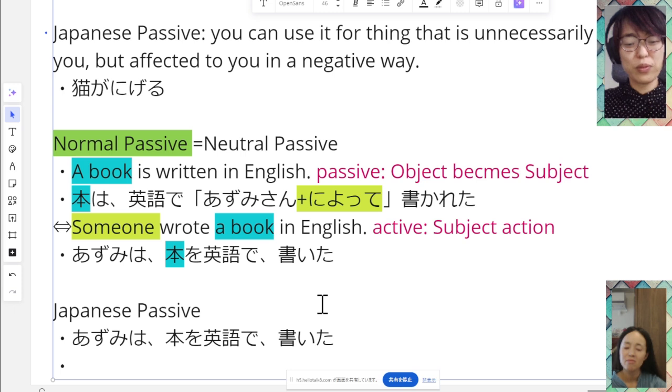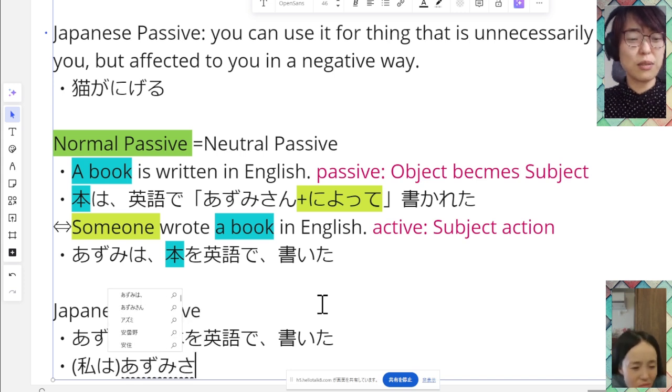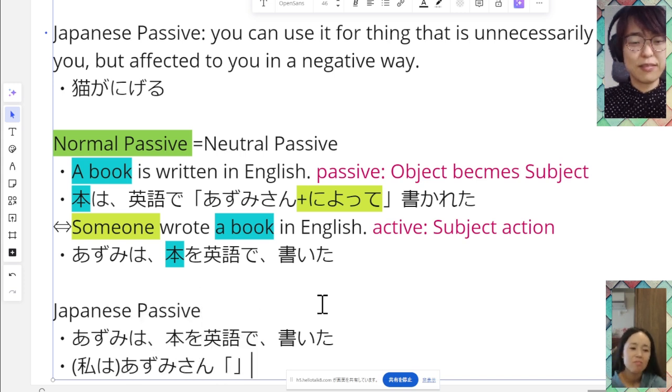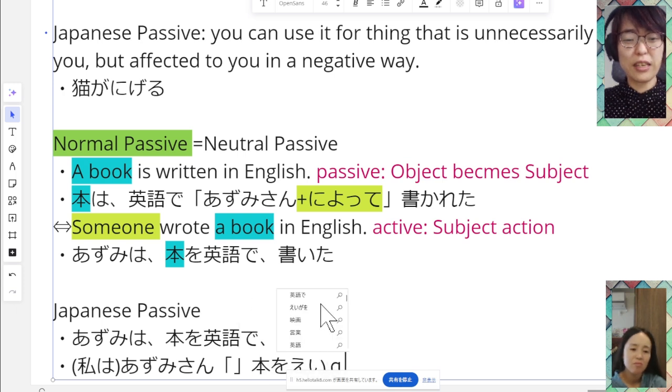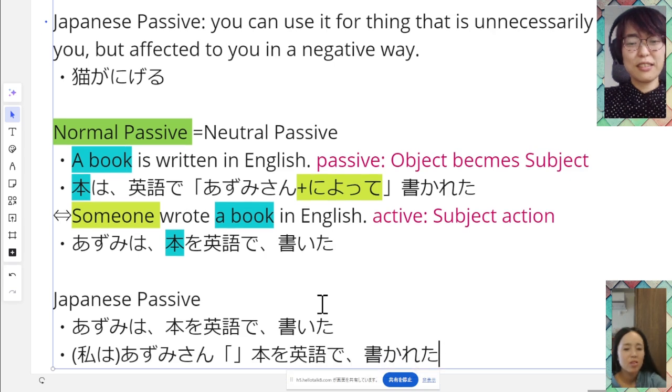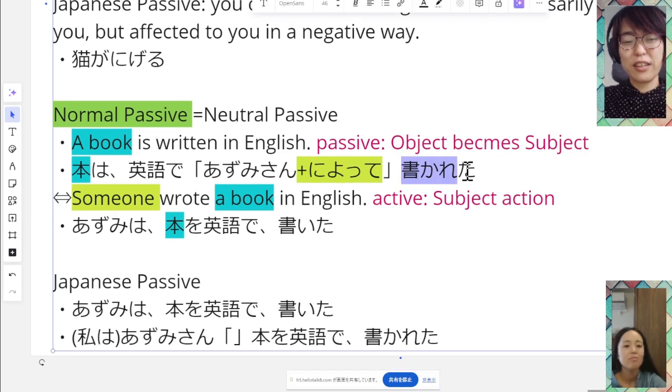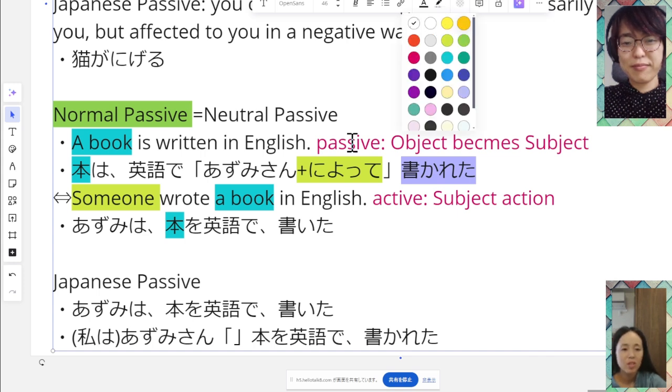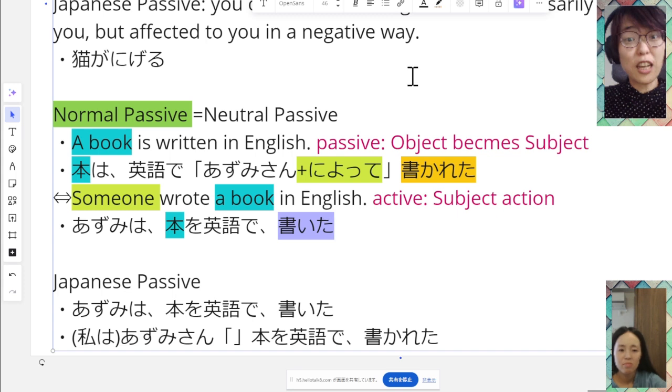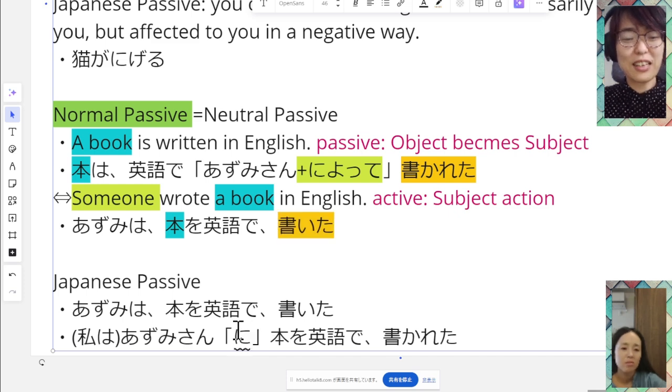Of course the protagonist is you. 私は, but you don't have to say it. あずみさんに、本を英語で書かれた。So what's the particle? に。あずみさんに、本を書かれた。Okay.